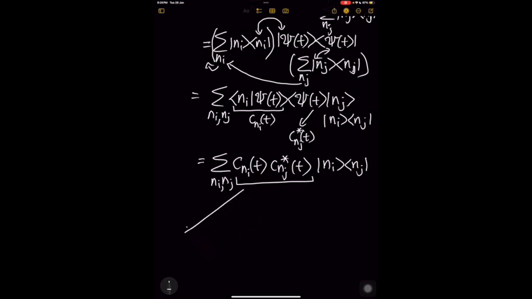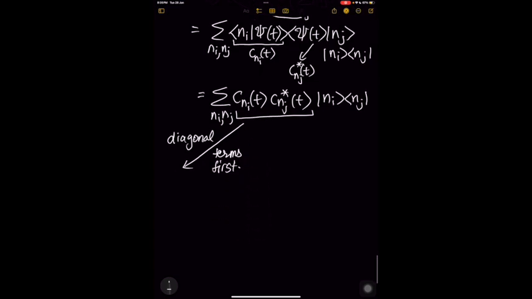So let us analyze the diagonal terms first. So when n sub i is equal to n sub j, let me call this rho n sub i n sub j of t.